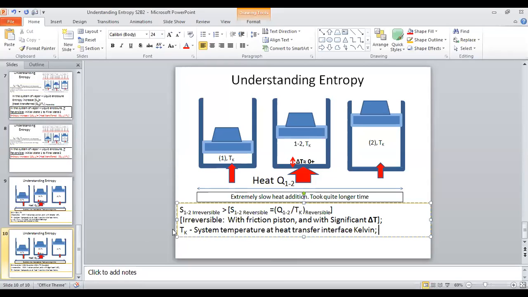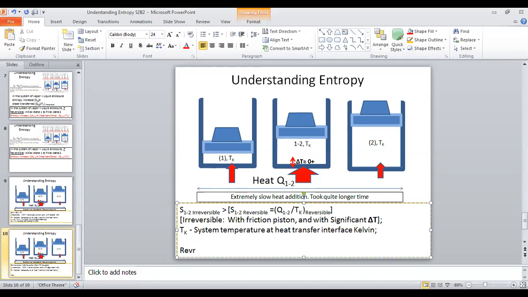Because of the friction and the significant delta T, higher delta T and the friction issue. Frictions and temperature differences cause the system to be irreversible.